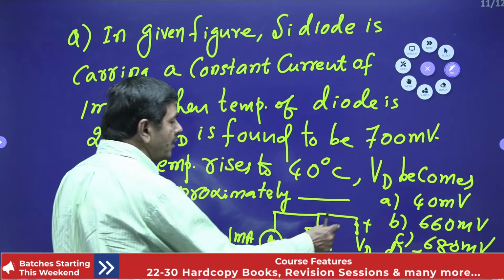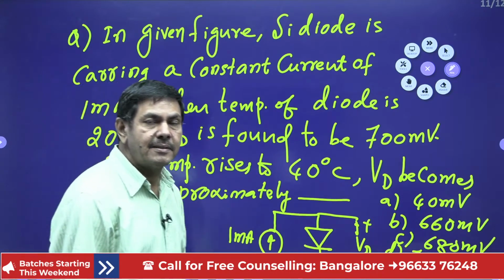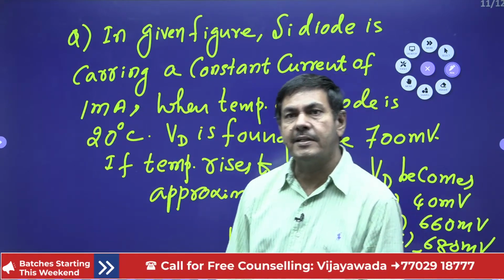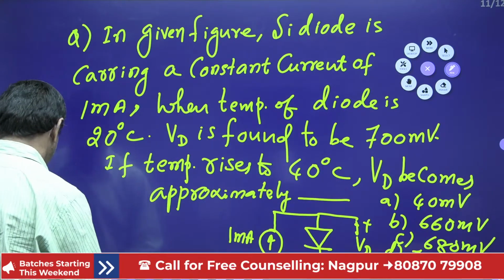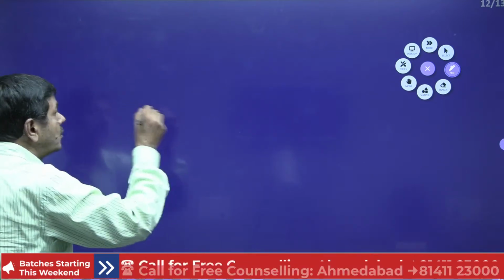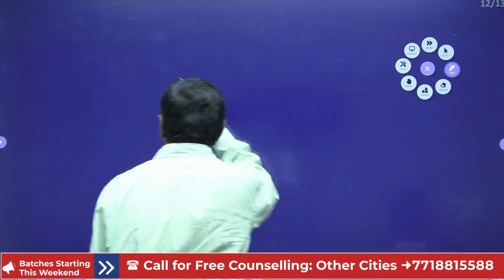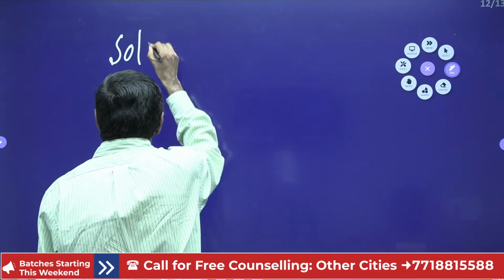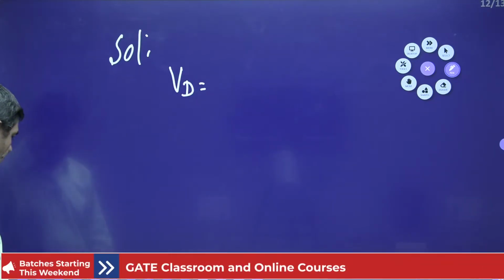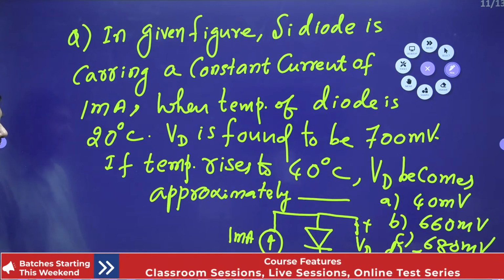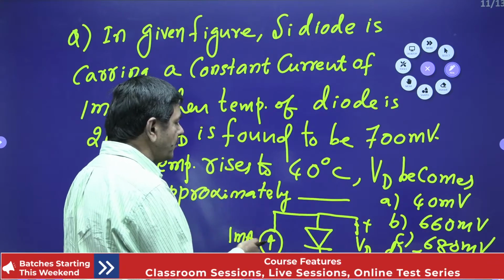We want to find the voltage across this diode, that is VD. How to find that VD value? In the problem it is given clearly that the current is constant, 1 milliampere.